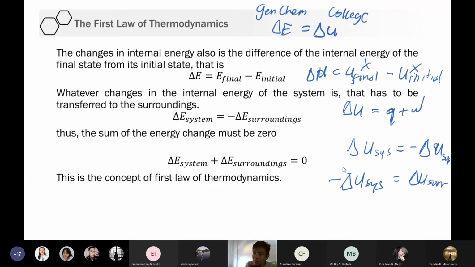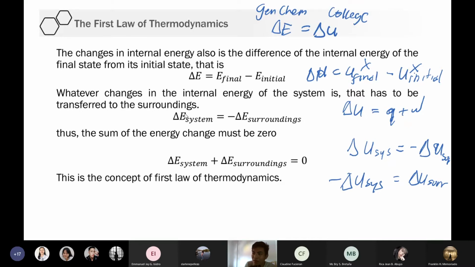No? So, ibig sabihin, lahat ng energy na nilalabas ng system mo, mapupunta sa surrounding. Pwede rin naman baliktad. Yung energy na ibibigay ng surrounding, yun yung makukuha ng system. Kunwari, initin ko yung battery. Ayun. So, positive yun for the system. Negative for the surrounding kasi siya yung nagbigay naman to the system.